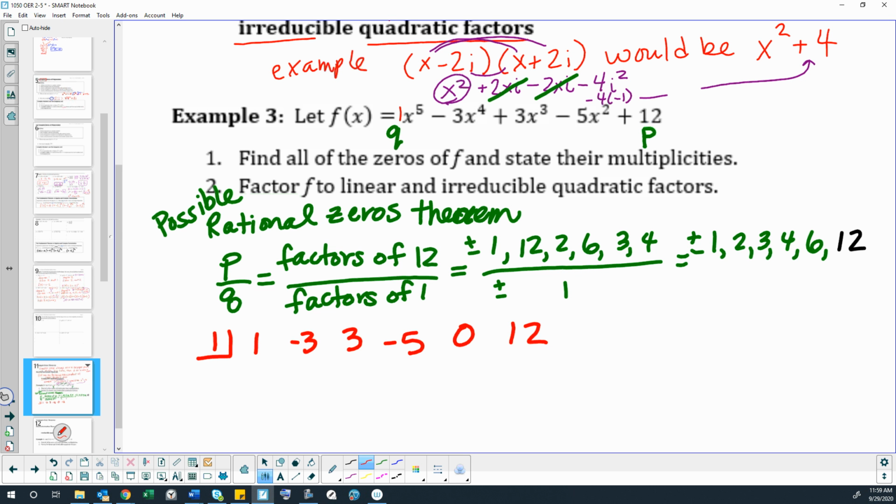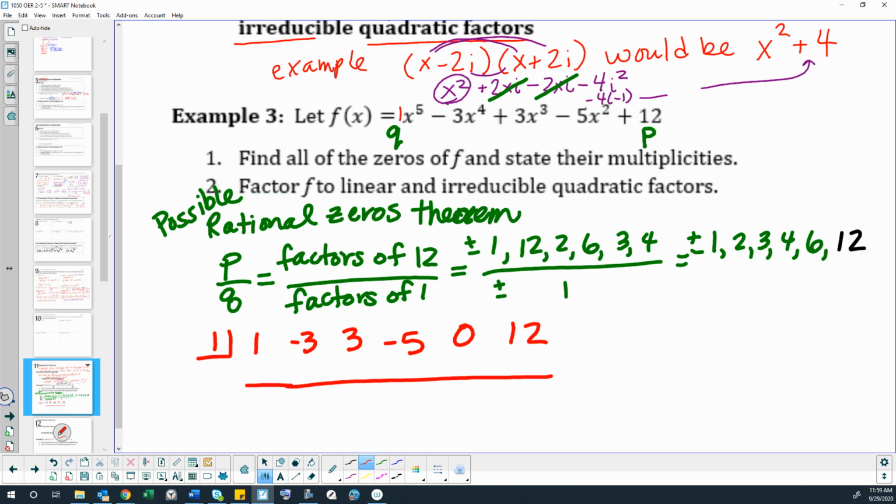Don't forget to pay attention to the exponents. We have a 5th power, 4th power, 3rd power, 2nd power. There's no 1st power. And then a constant. We have to put that 0 in for the missing term, or it messes up the places for our division.